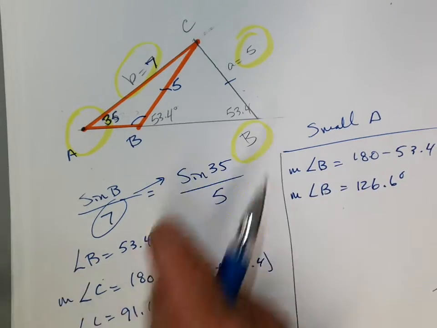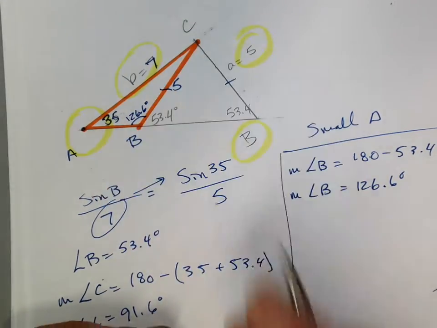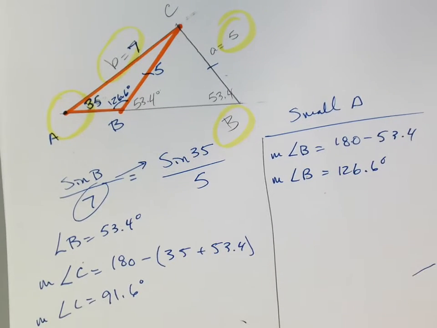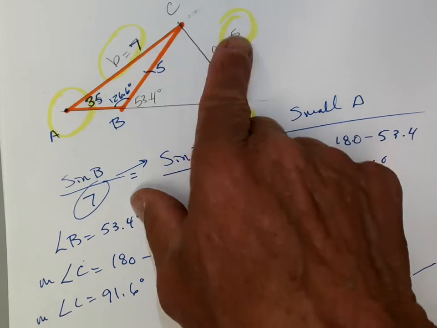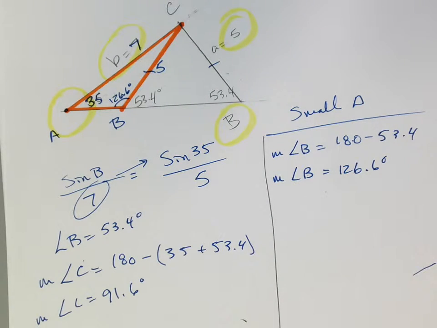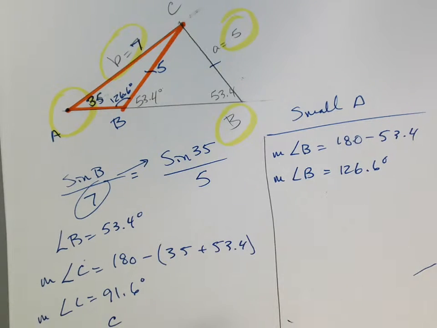Now, angle C is no longer all of this big angle. Yes, Ashley. So are we doing, because we didn't solve for side C. Yeah. Oh my goodness. I got ahead of myself. Let's do side C first. Side C, sine of, what was that, 91.6? Thanks, Ashley.